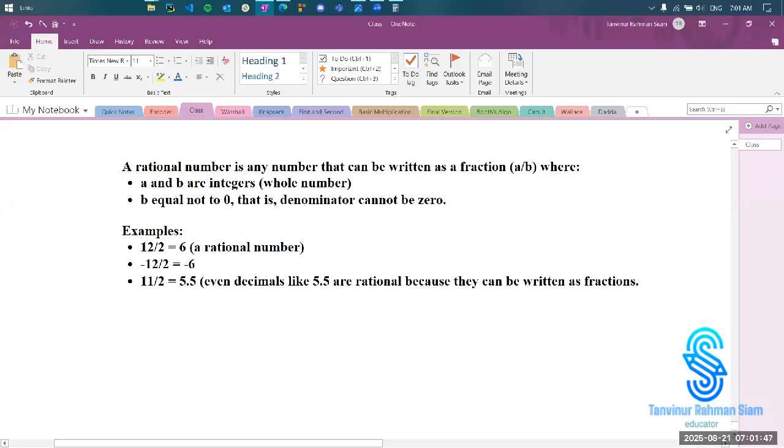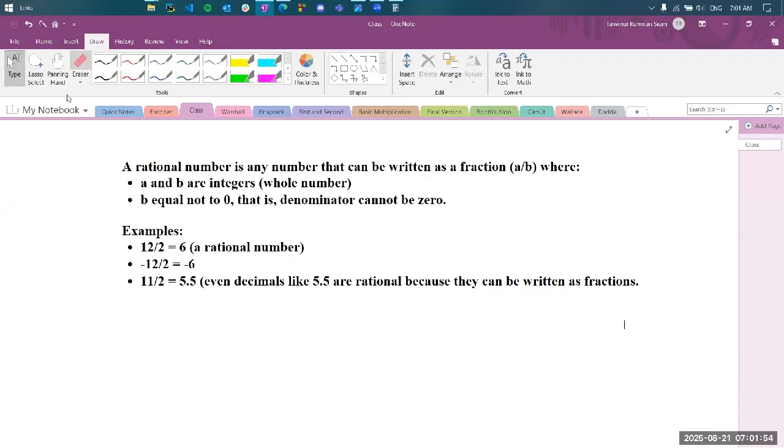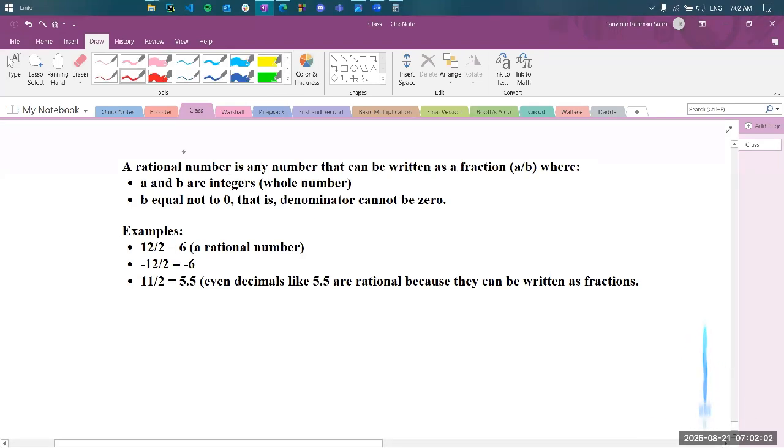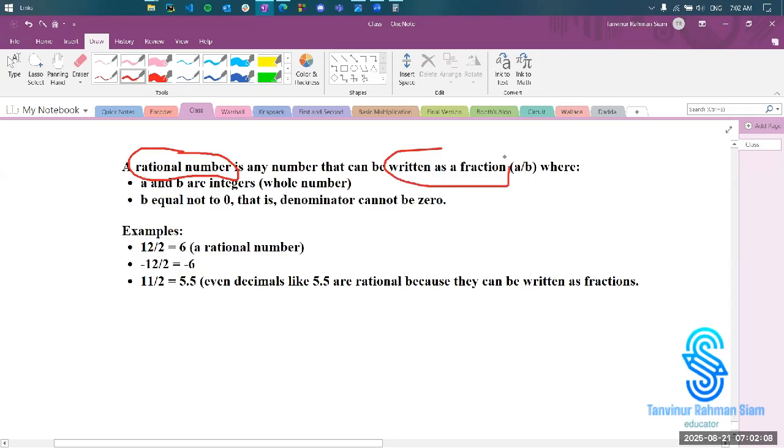Rational numbers can be written as a fraction, and this is nothing but a divided by b.